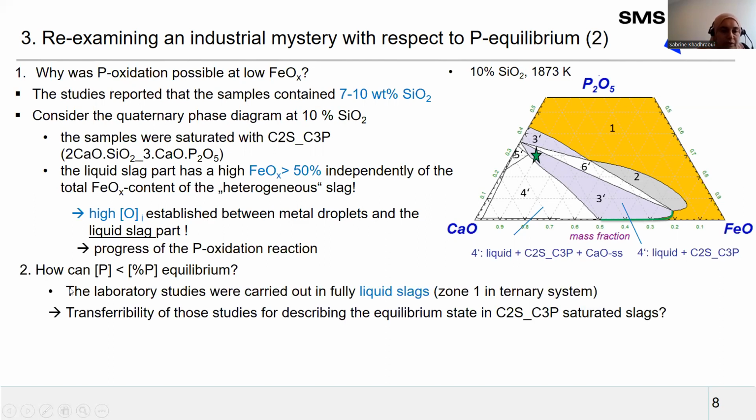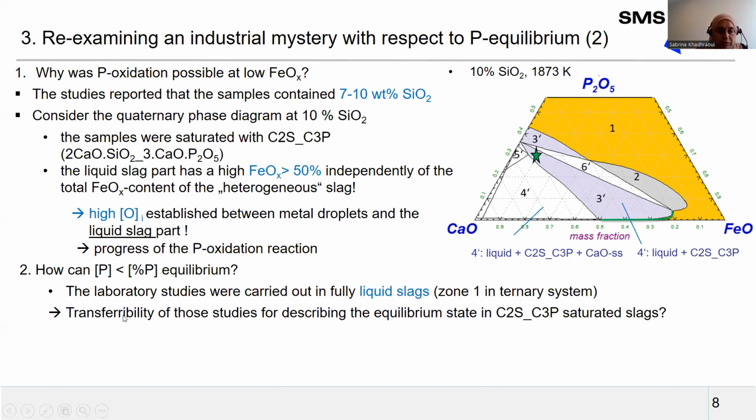Okay, so how could it be that the phosphorus achieved was less than the phosphorus equilibrium? This was because the equilibrium studies that were made back then were carried out in fully liquid slags, because it was believed that the slag is fully liquid or that the ternary system is sufficient to understand the behavior of the slags.